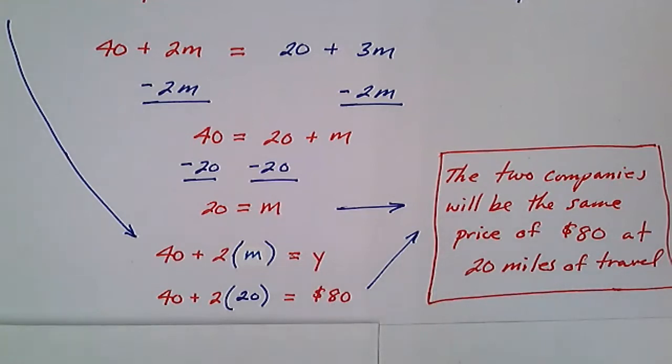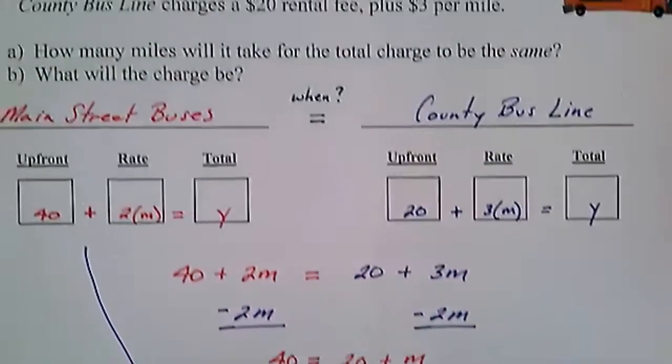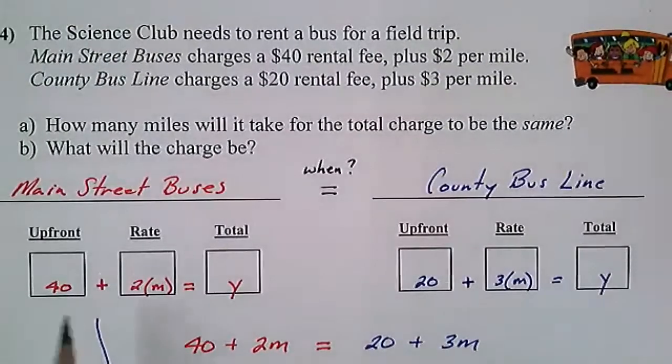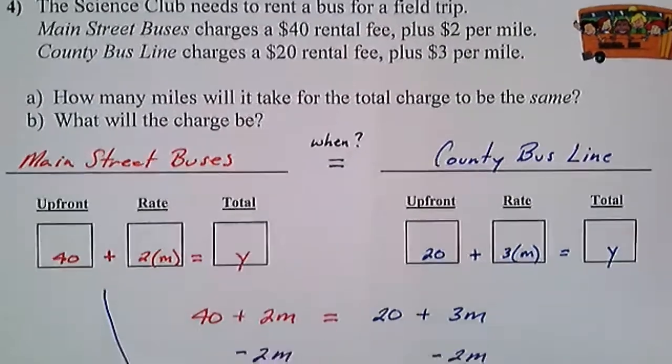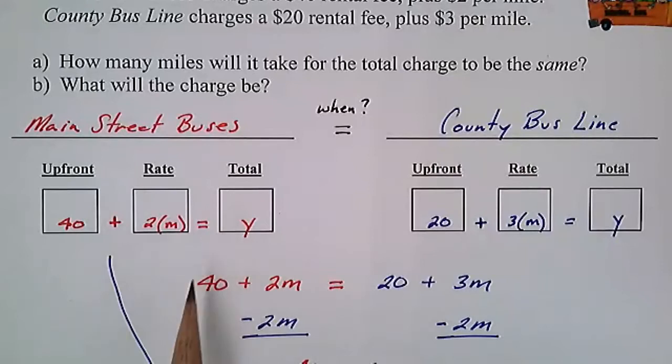Okay? So I've shown you two different types of problems. In this problem here, there were two different companies. So we had to set up two equations, this equation and this one, and we wanted to find out when they were equal. So we put this equation equal to this equation.